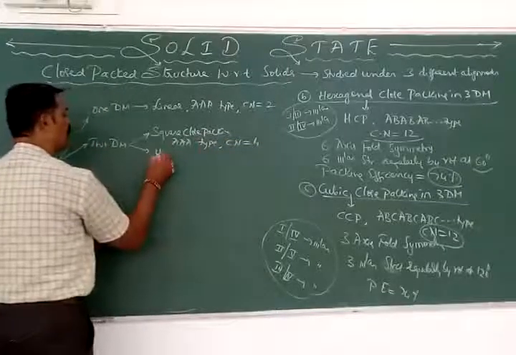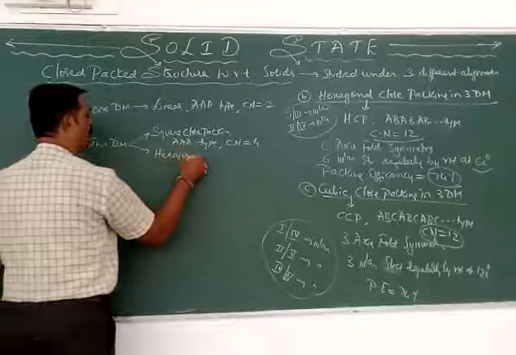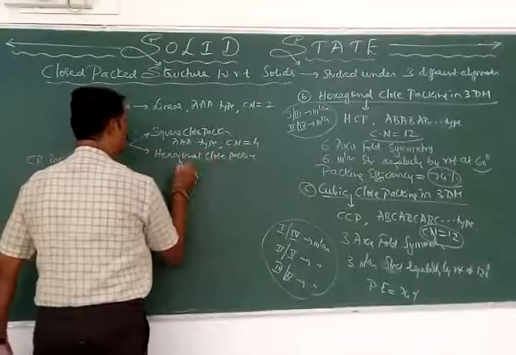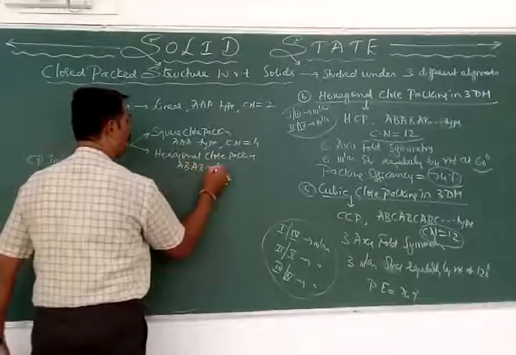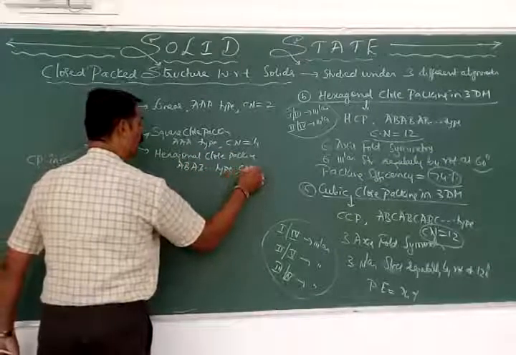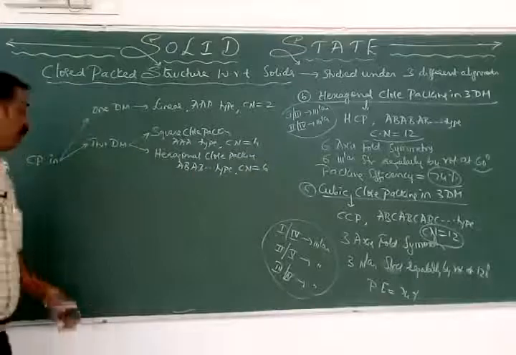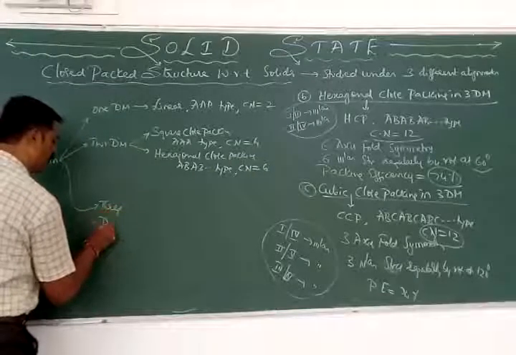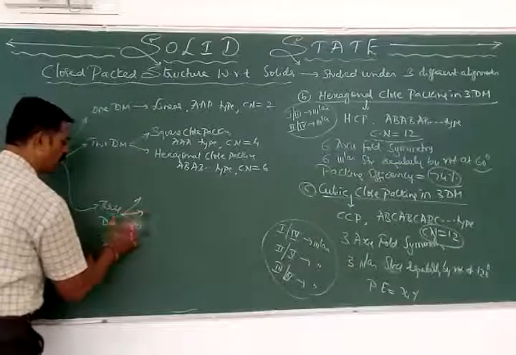The second one is hexagonal close packing, which is of the type AB, AB, AB. Here the coordination number is 6. Whereas with respect to 3-dimensional, we are having 2 different possibilities.